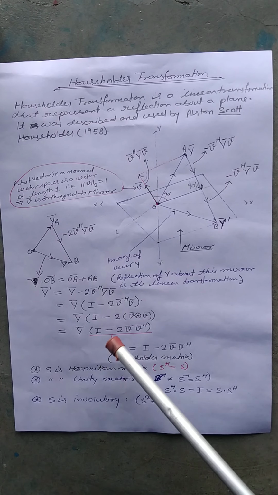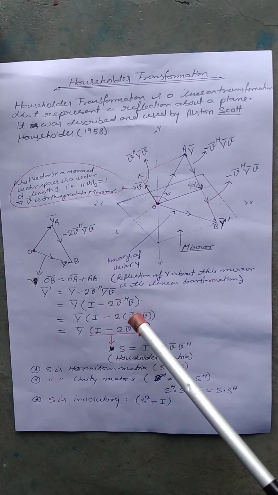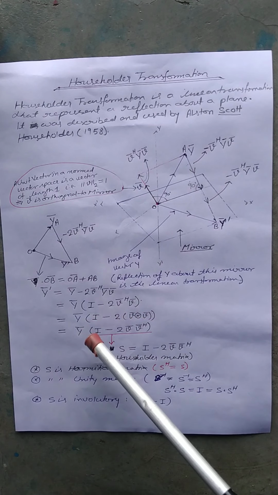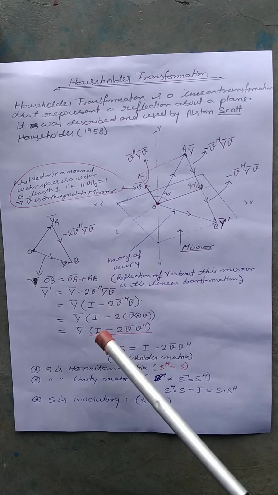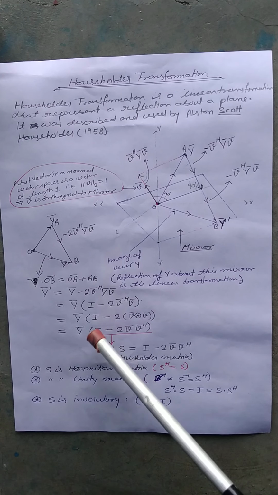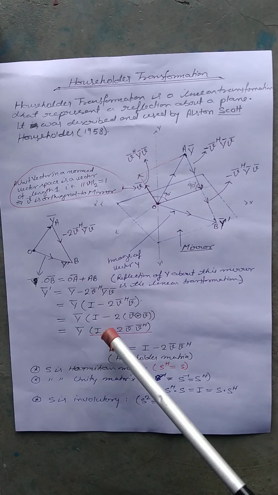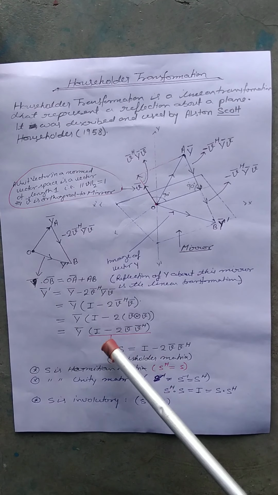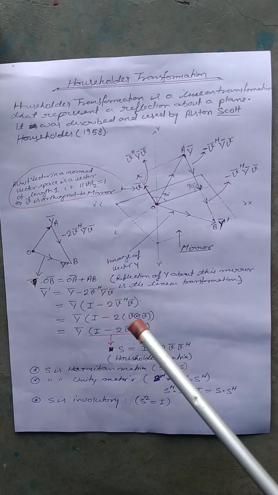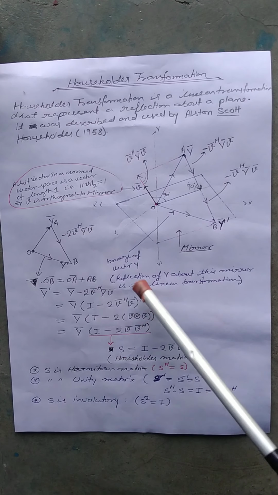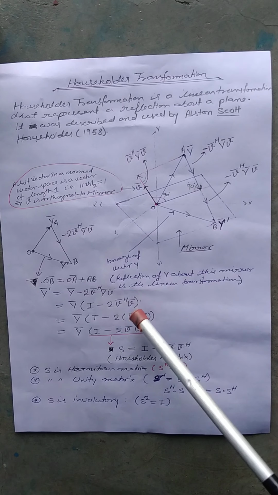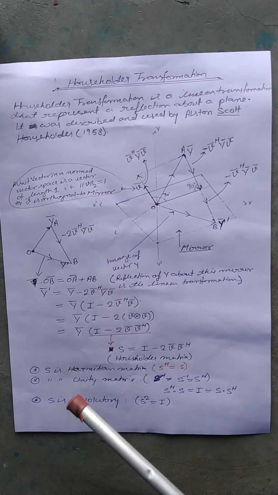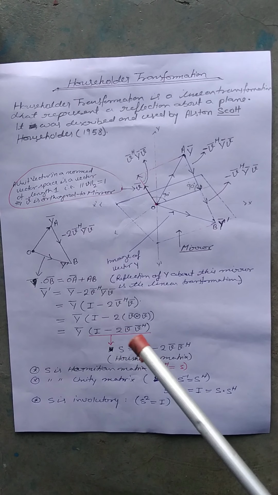This matrix is known as the Householder matrix. If we multiply this matrix with any vector, then we can find the mirror image of the vector. The process of finding the mirror image of a vector is known as Householder transformation. This is just a mirror image transformation.